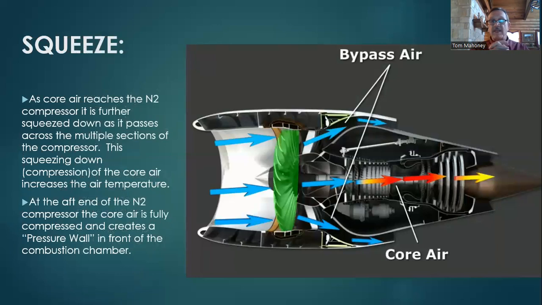The squeeze part of the engine is this part. And I'm going to go ahead and get my pen back up here. This is the squeeze part. What do we call that? We call that the compressor section, N2, the N2 compressor. Now, the N2 compressor is made up of a series of rotors and stators.